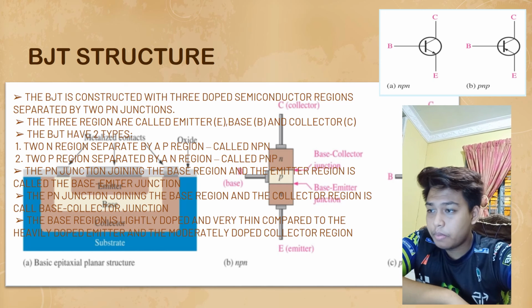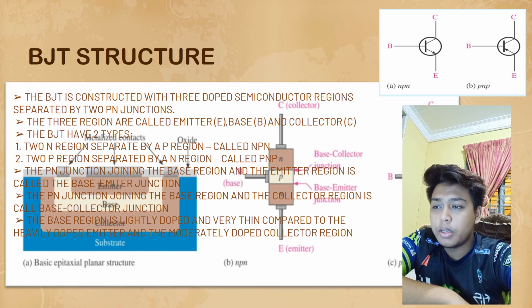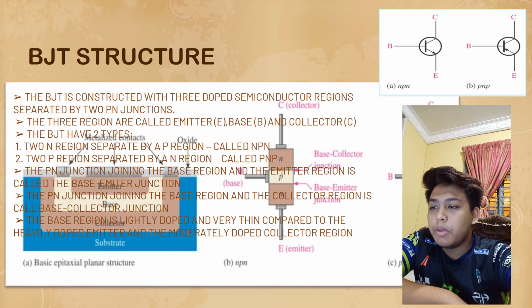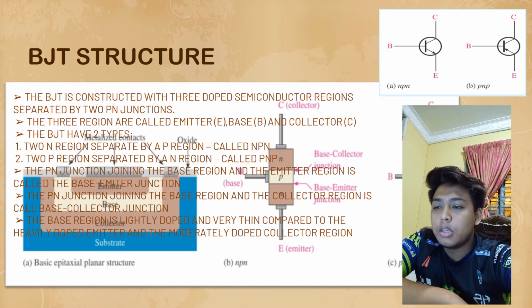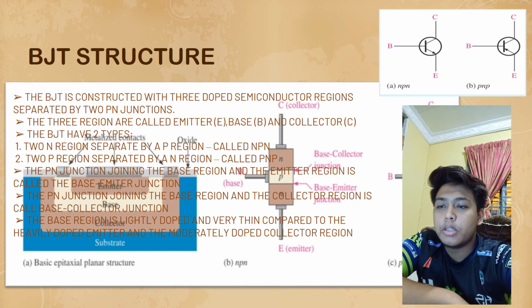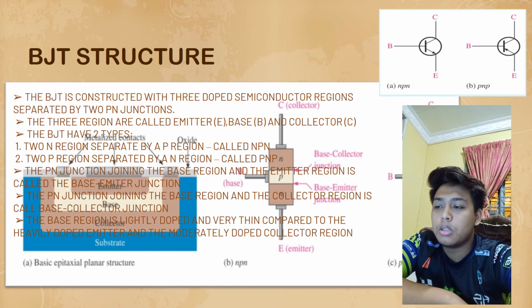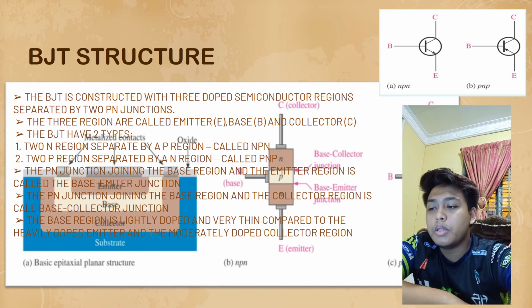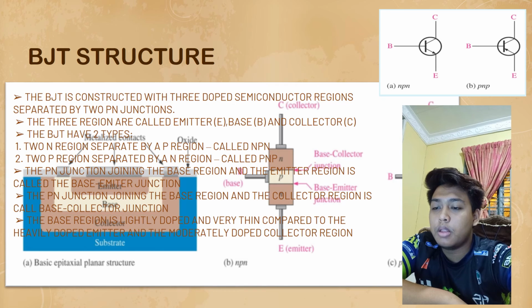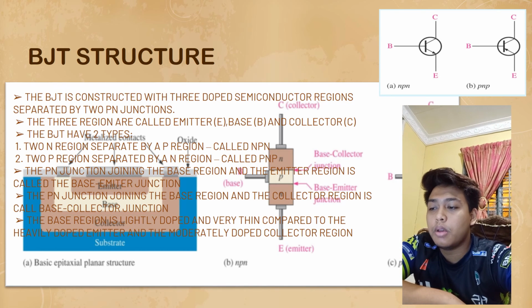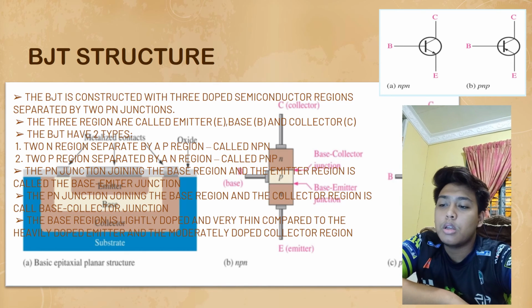Second, 2 P regions separated by an N region, called PNP. The PN junction joining the base region and the emitter region is called the base-emitter junction. The PN junction joining the base region and the collector region is called the base-collector junction. The base region is lightly doped and very thin compared to the heavily doped emitter and the moderately doped collector region.